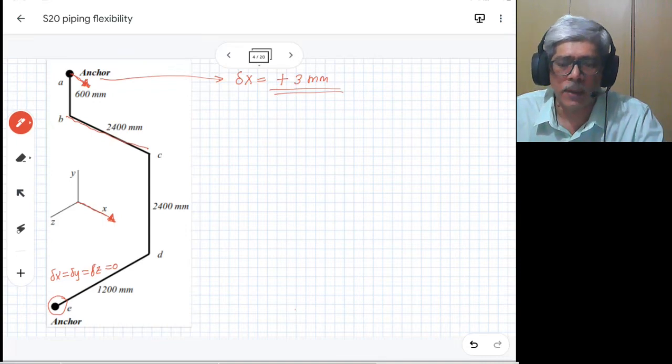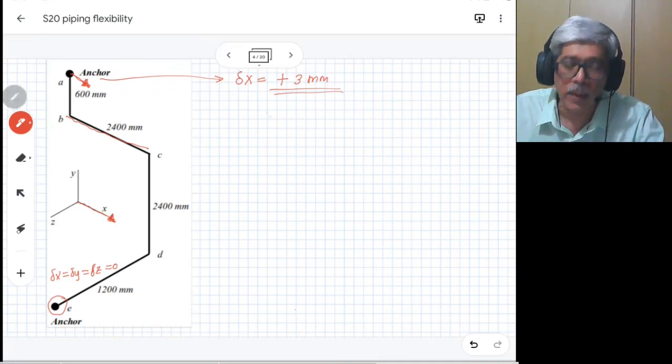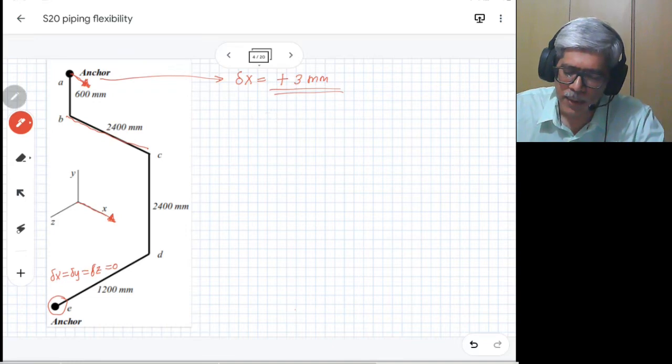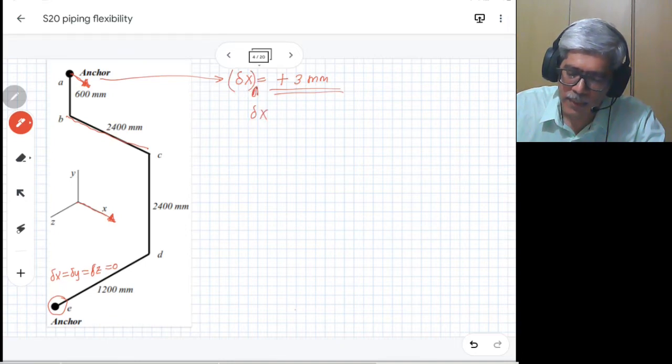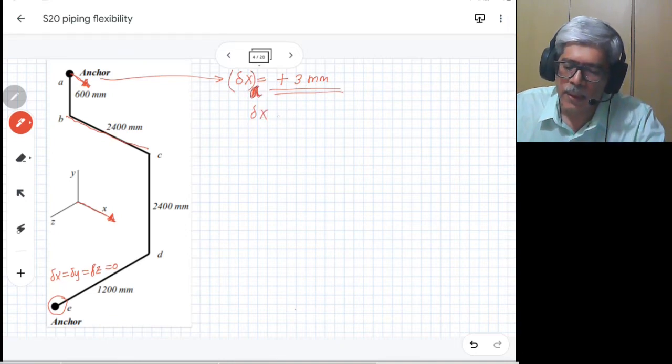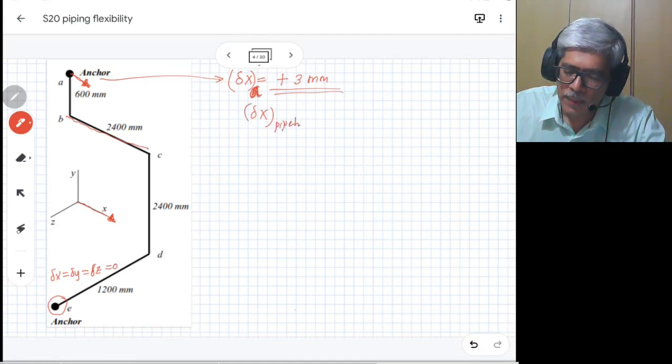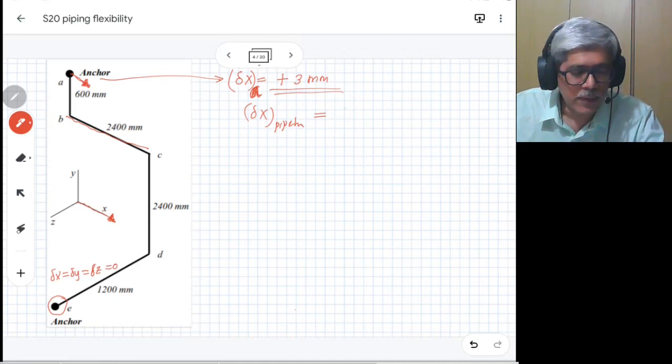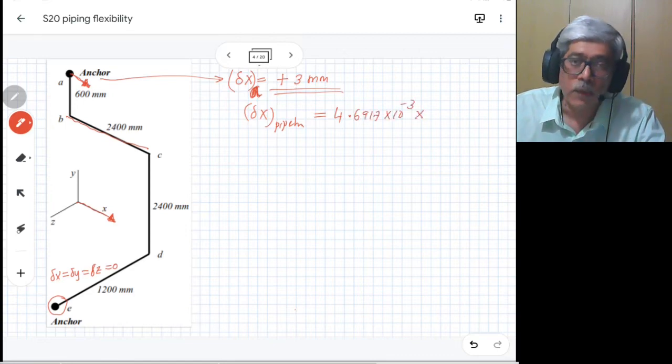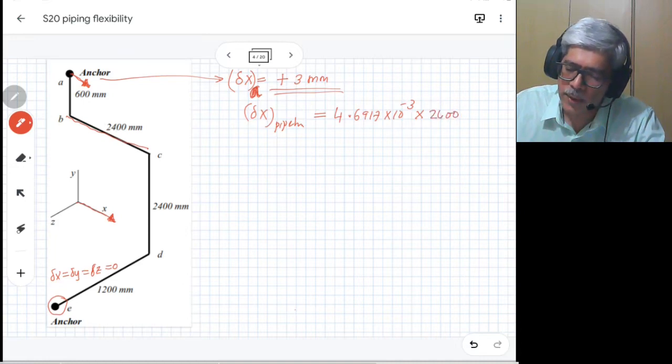If the anchor was stationary, then the delta x of the full pipeline, this is delta x for point A, would be given as the alpha delta t value that is given to us, that is 4.6917 into 10 to the power minus 3, into the length of BC, which is 2400.